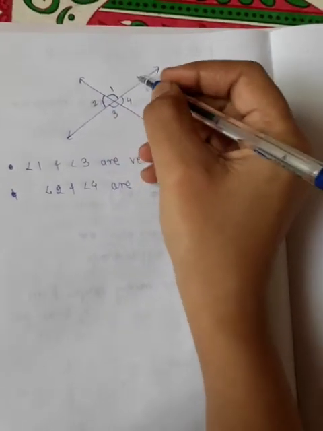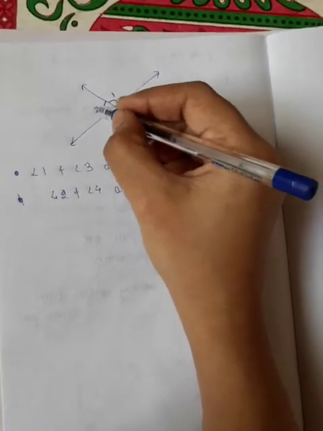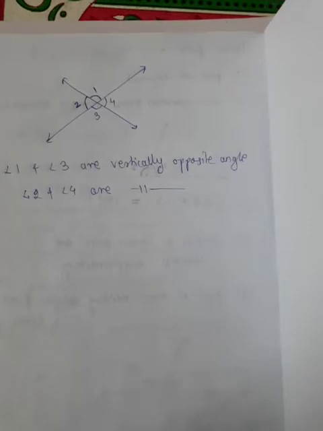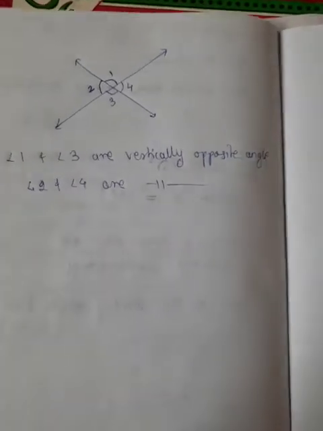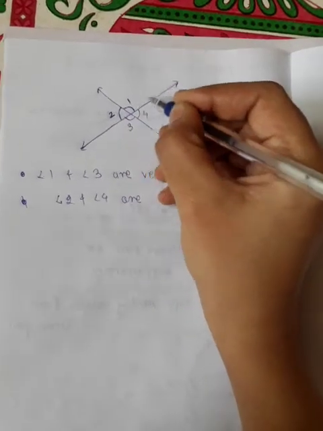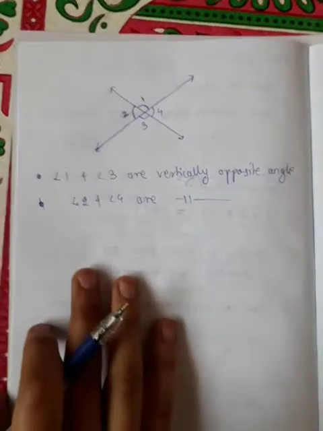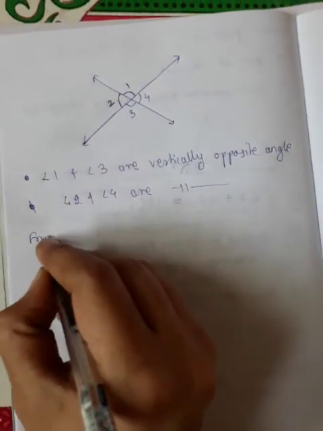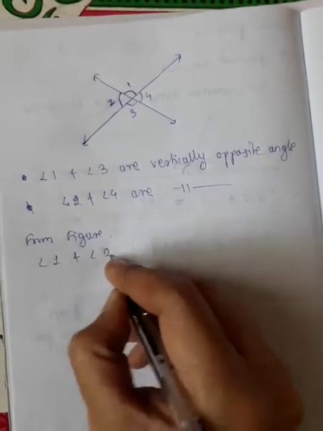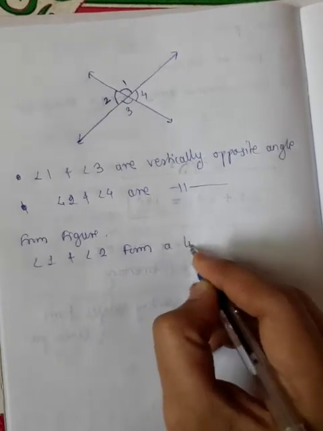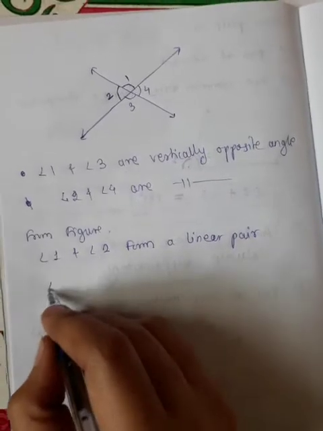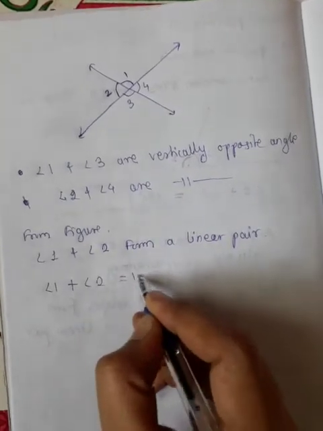By the previous discussion, angle 1 and angle 2 form a linear pair. From the figure, angle 1 and angle 2 form a linear pair, and we know if the angles are in a linear pair, their sum is 180.